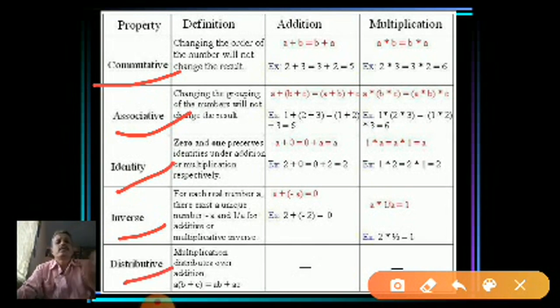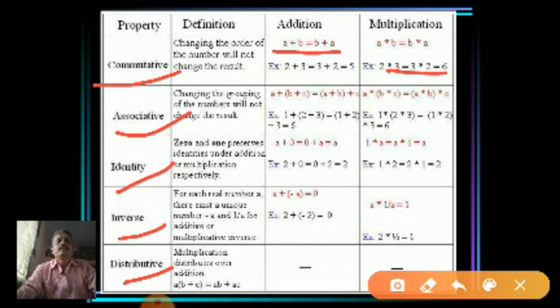For addition, a plus b is equal to b plus a. Whenever we use commutative, 2 plus 3 is equal to 3 plus 2, both giving the answer 5. In the same way for multiplication, you can multiply two numbers in any order. 2 into 3 is 6. You can take 3 into 2, the answer is 6. Clear? Very nice.